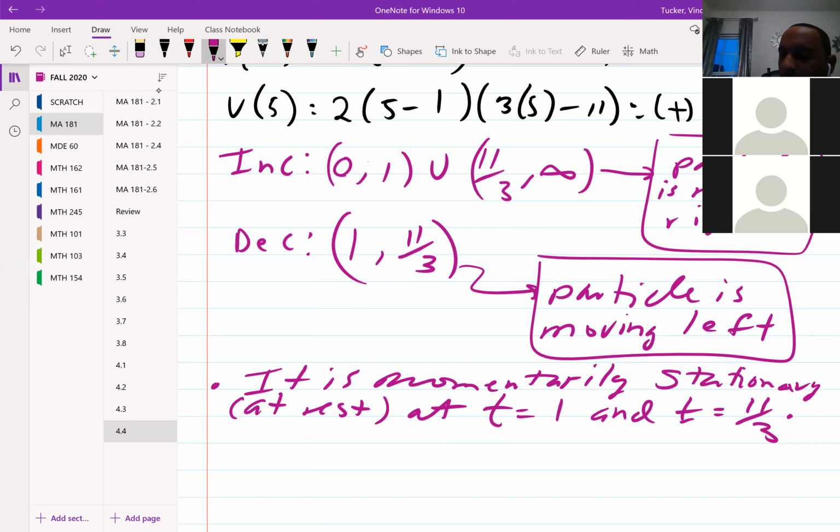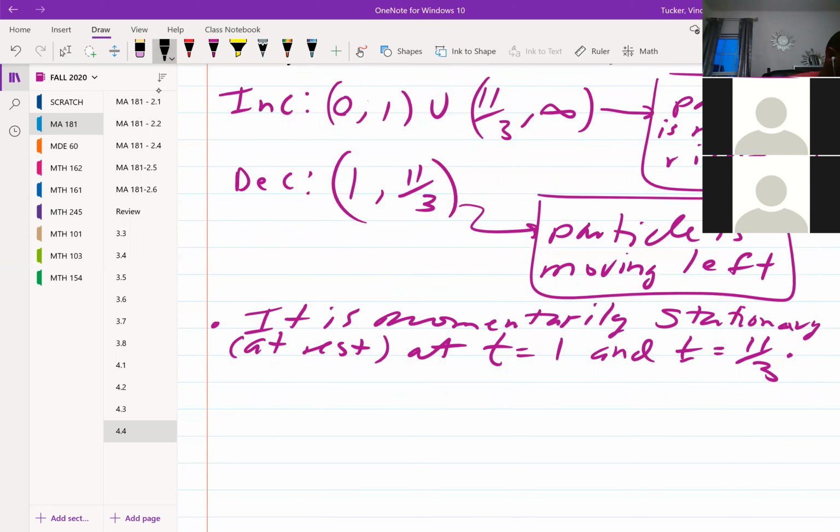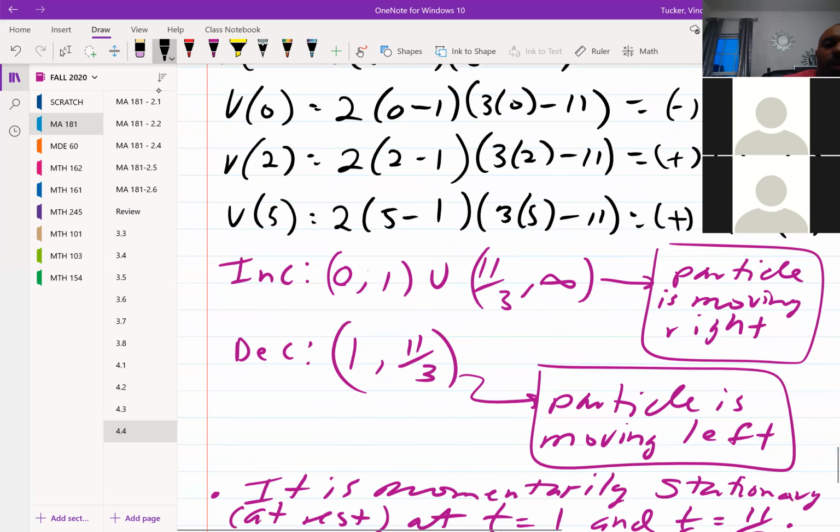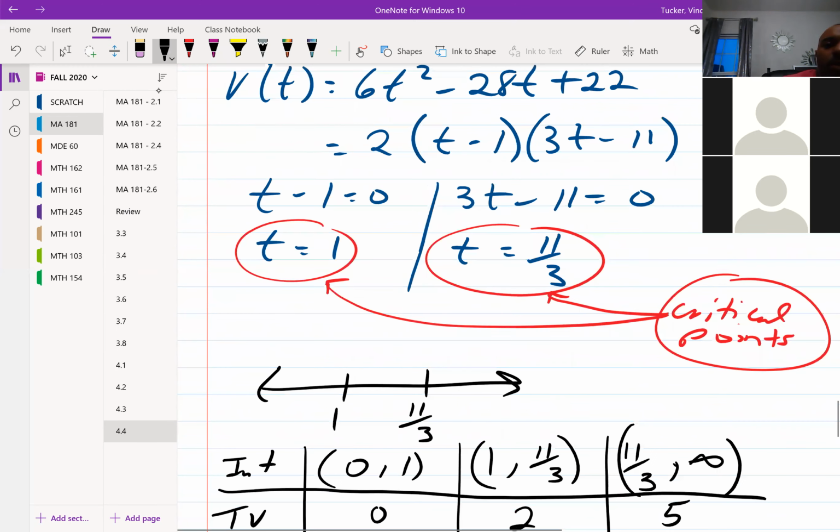All right. And then testing our concavity. I think we started out calling this acceleration.